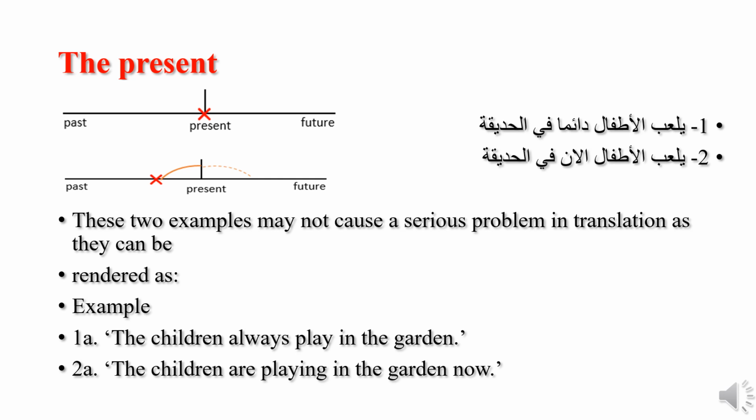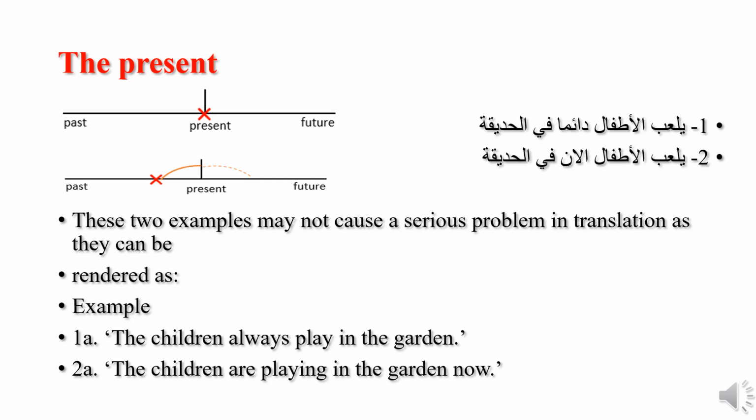As a kind of comparison, you can see these two different timeline charts. The first represents the present simple. "The children always play in the garden." It refers to a specific point in the present and to something that happens usually.